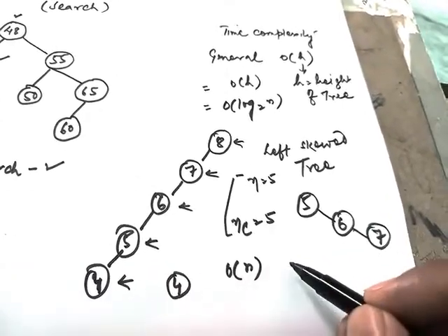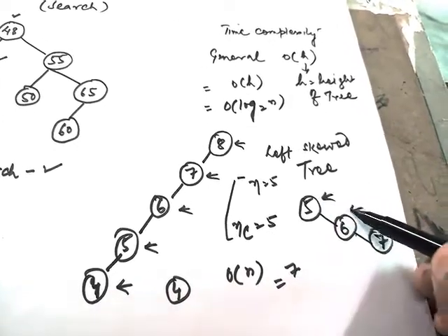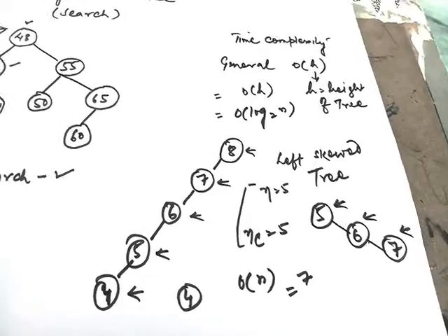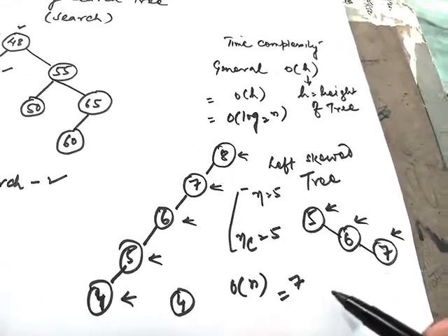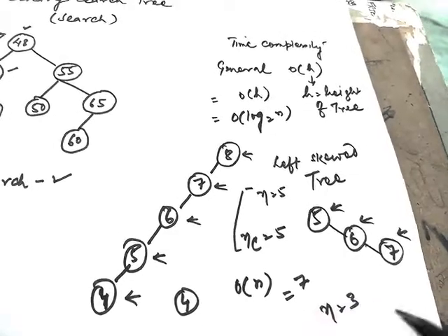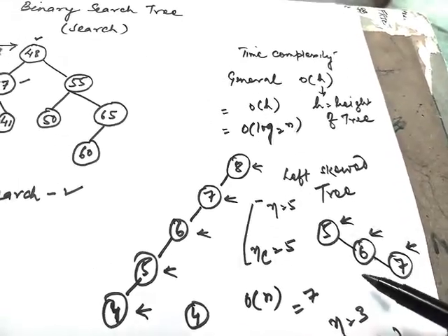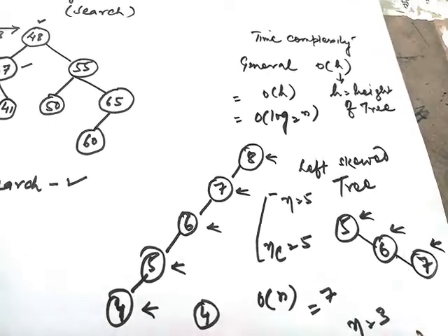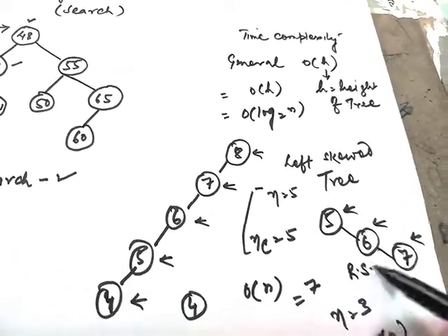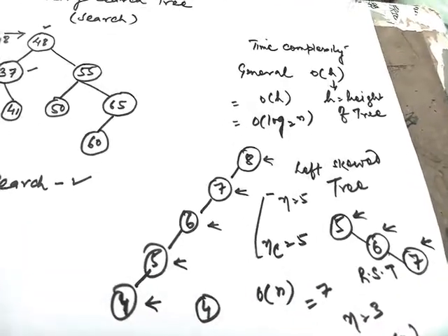If you have to search for 7, first, second and third, it will take 3 comparisons and the number of elements is also 3. So the time complexity is order of n because it is also an unbalanced tree. This is called a right skewed tree because all the nodes are on the right side.